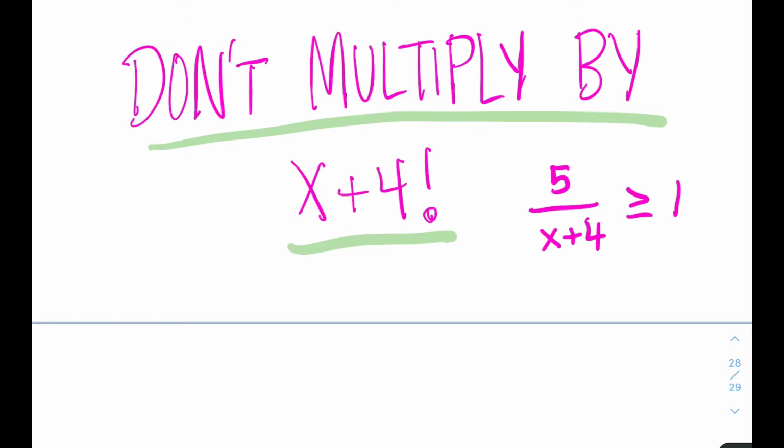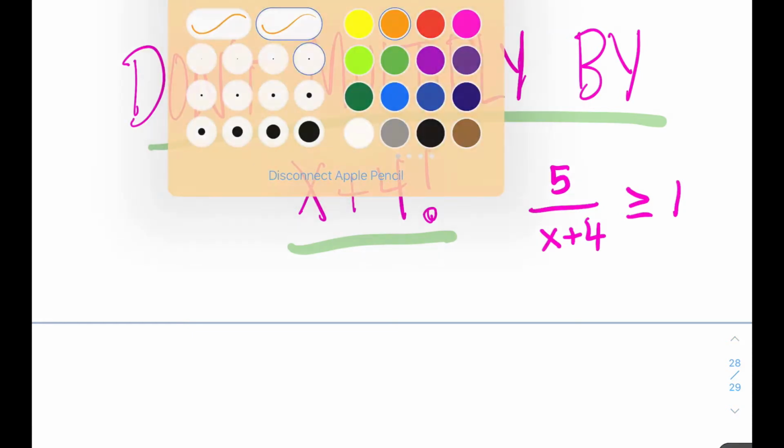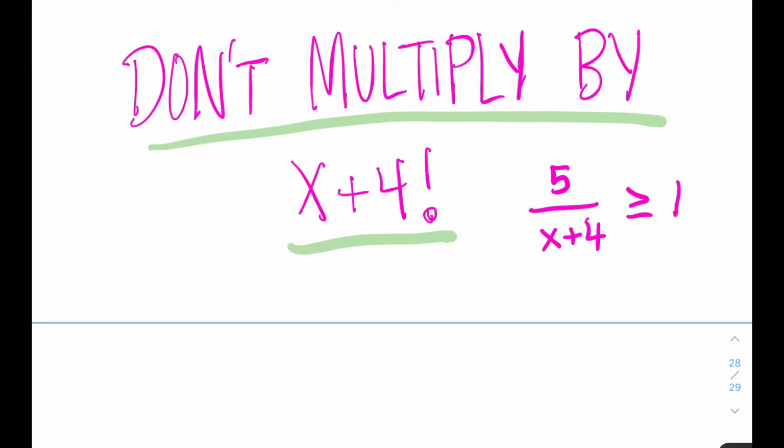Because if you think about how inequalities work, if my inequality is 5 over x plus 4 is greater than or equal to 1, if I divide or multiply an inequality by a negative number, I have to flip the direction of my inequality sign.